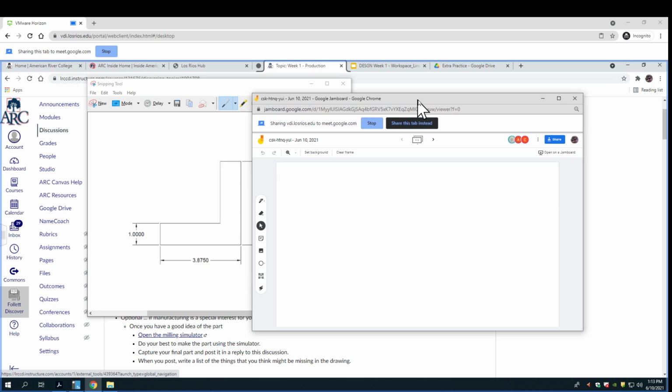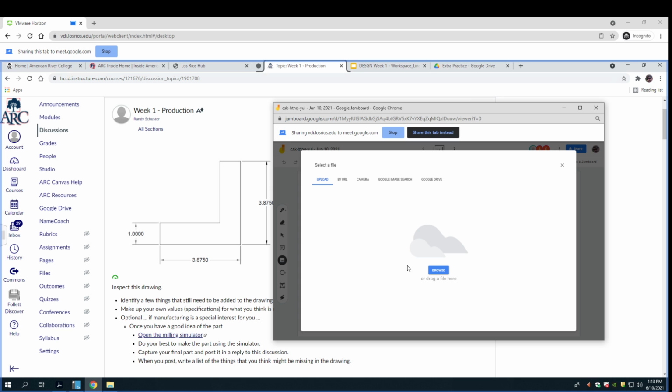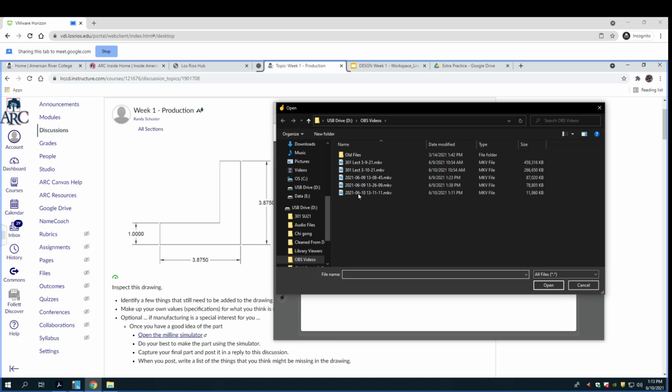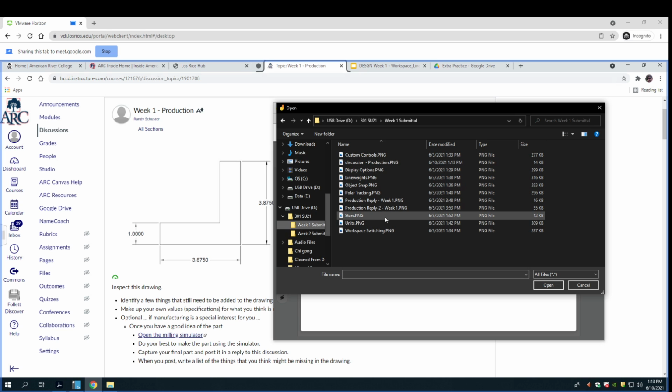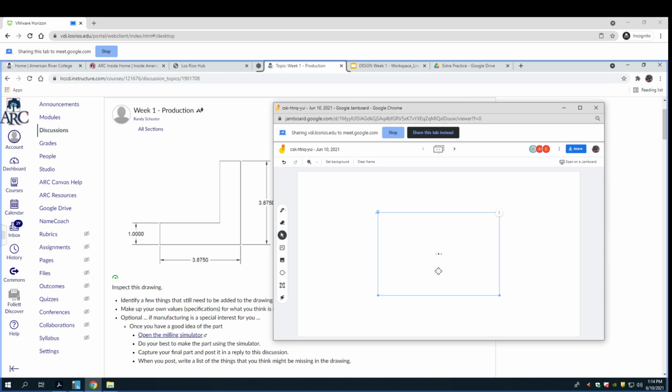And if I throw the Jamboard up over here, you'll be able to see it. So now, this is one of the things. I wish it would just do a snip, but it doesn't. Well, let's talk about it. We can just discuss it right here.